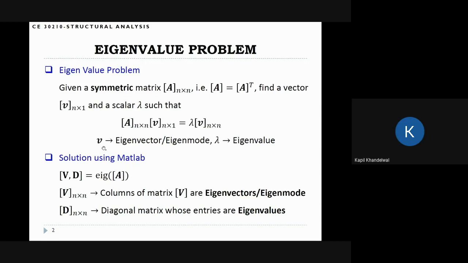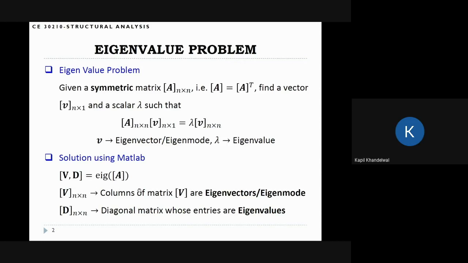So if we are able to find a scalar and a vector v that satisfies this relationship, we call this v an eigenvector, and sometimes we also call it an eigenmode. It depends on whichever terminology you are familiar with. And lambda, this number or scalar, we are going to call the eigenvalue. Without going into the detail about how we calculate these things and what the mathematical properties of these numbers are, we really don't care about this in our class right now.